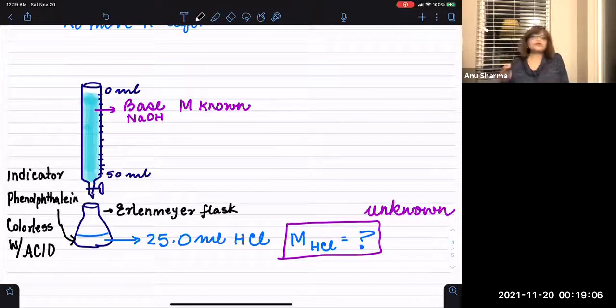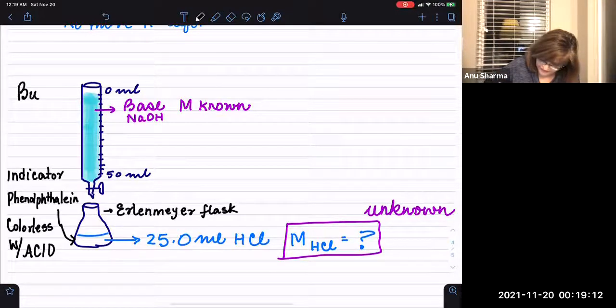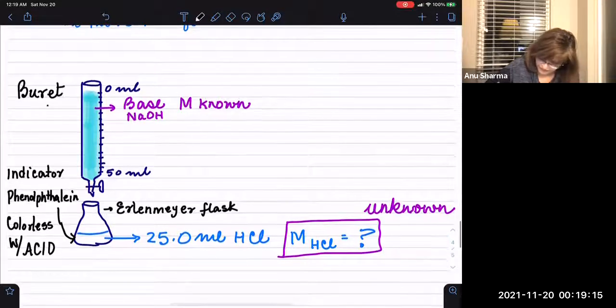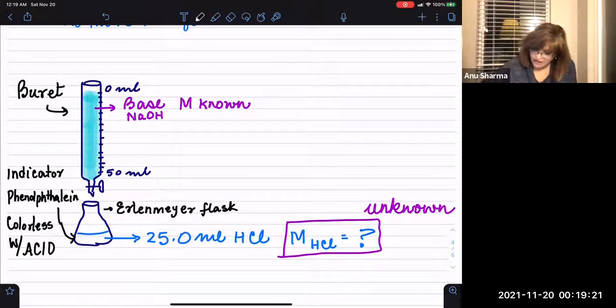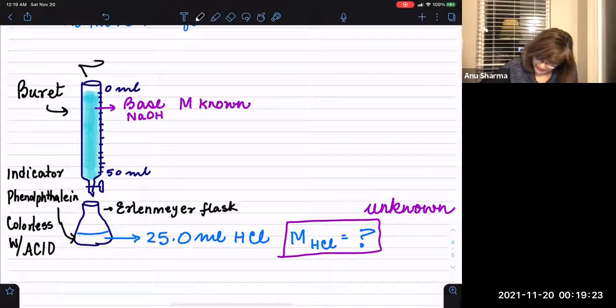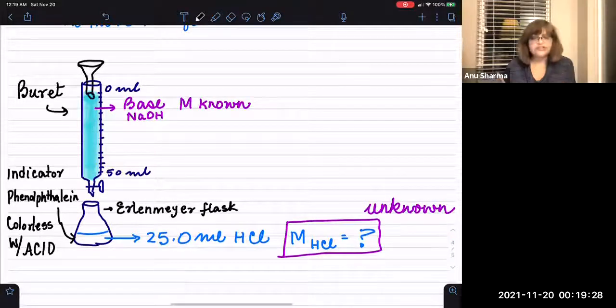And then you use a pipette to put that, because a pipette gives you the exact amount. Here is the burette, the big one, and it's clamped and everything. I have a video of this, so that when you add the base here, you're going to use a funnel. I highly recommend that you watch that video.